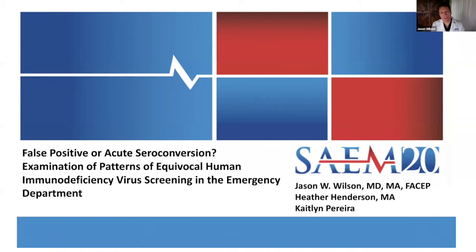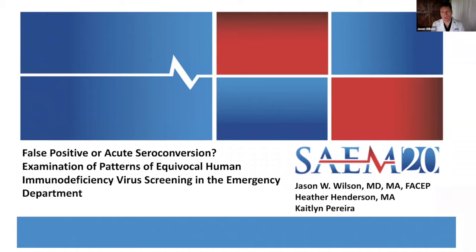Specifically, in the emergency department during an acute encounter, we are sometimes faced with a laboratory signature of a patient where it's hard to distinguish the clinical relevance: between them being a false positive HIV reactive test or a patient who could be much more sick and at higher risk of transmitting virus to other patients in the phase of acute seroconversion.